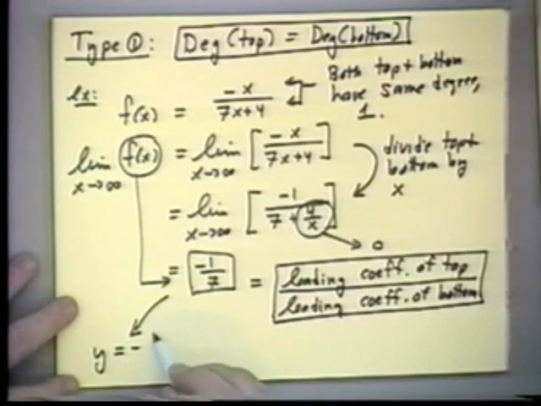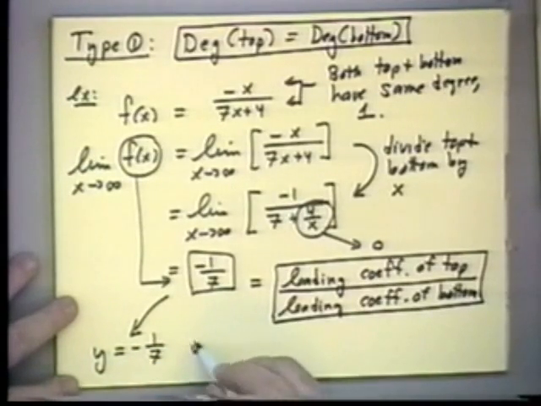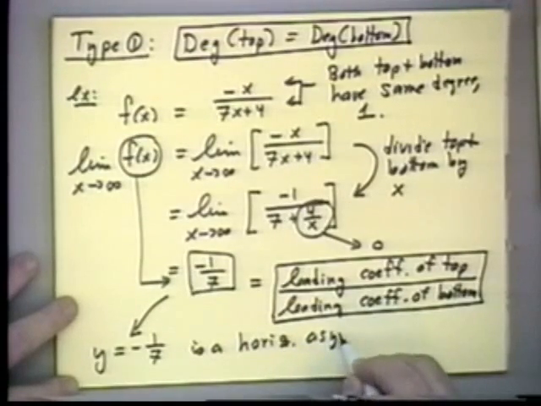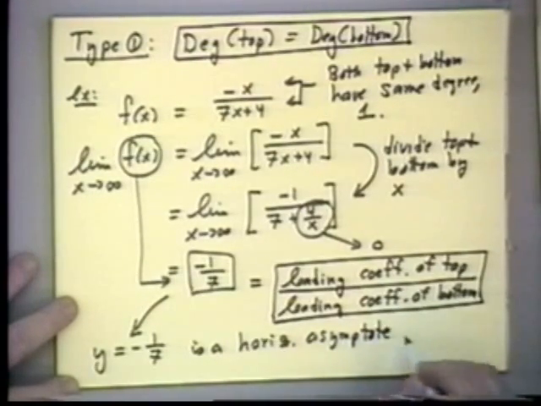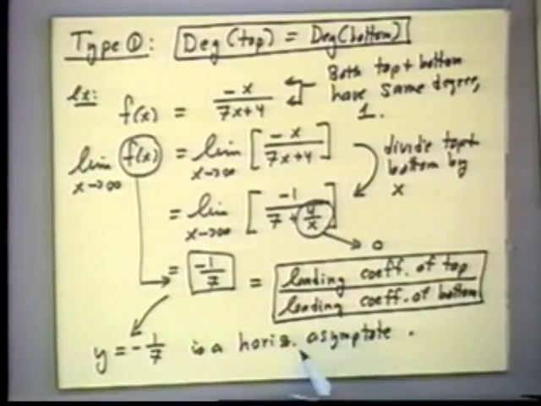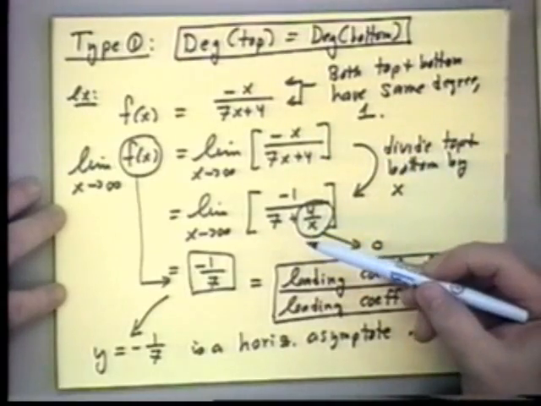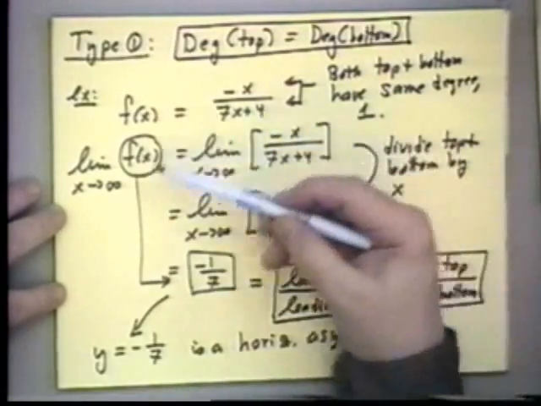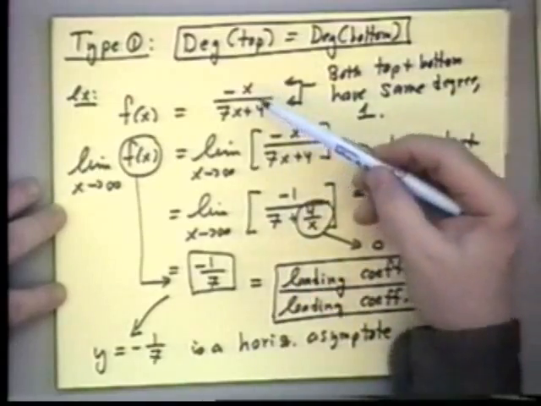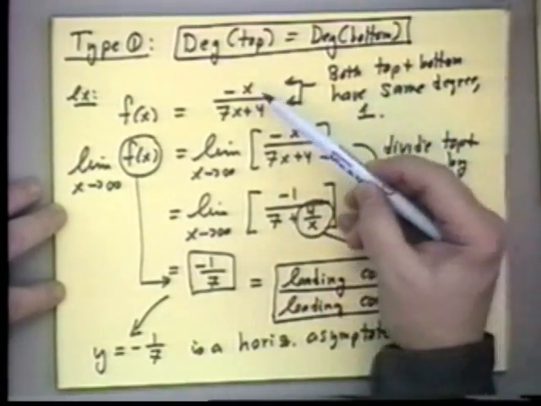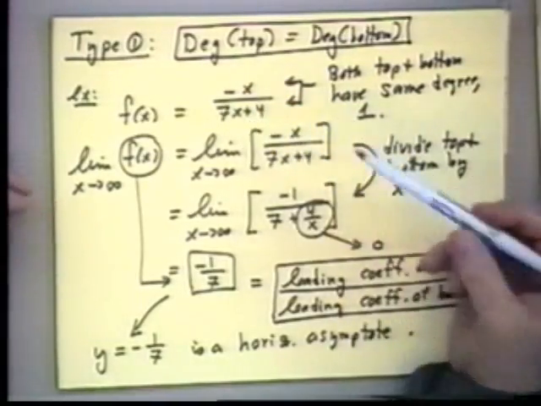In other words, y equals minus 1/7 is a horizontal asymptote. Remember, we talked about these before. A horizontal asymptote for this function. So there's more here than meets the eye perhaps, but we won't have to do all of this work in the future because we now have developed a technique that will take us immediately to the limit, provided the degree of the top and the bottom are the same.